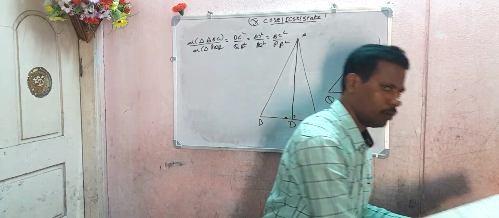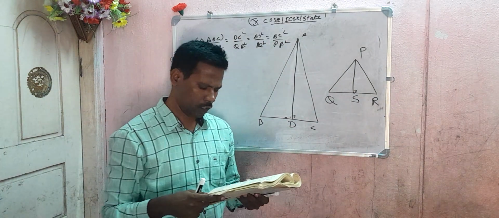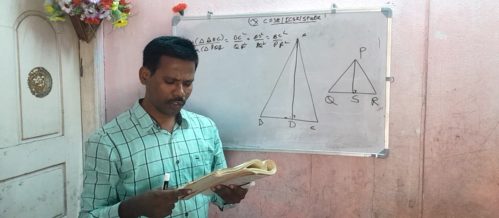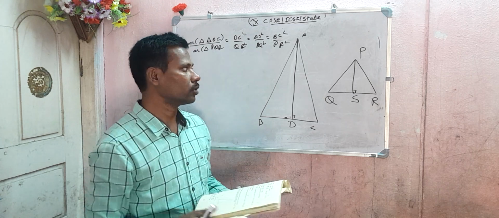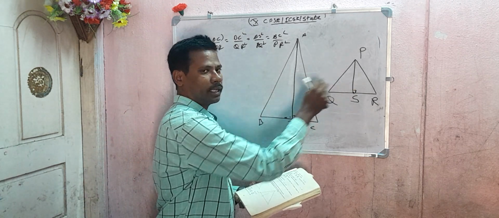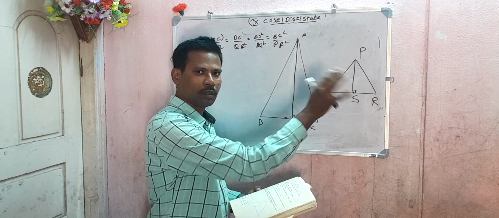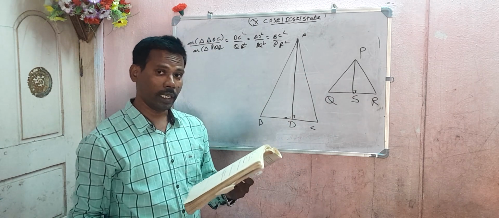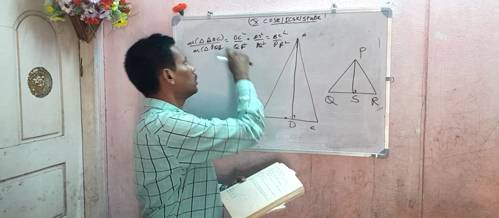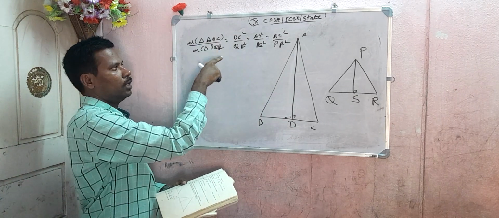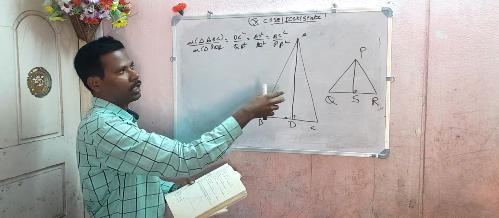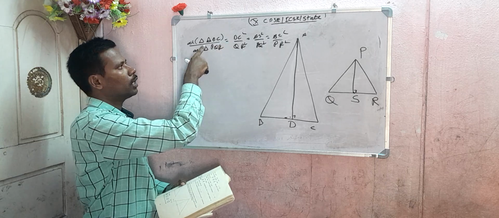Now I am going to say once again, the ratio of areas of two similar triangles. Already given two similar triangles, meaning the given triangles are similar. Areas, ratio of their areas. Ratio, you know what is meant by that? Ratio means this symbol I kept.